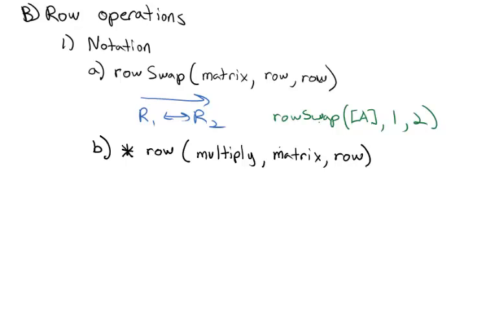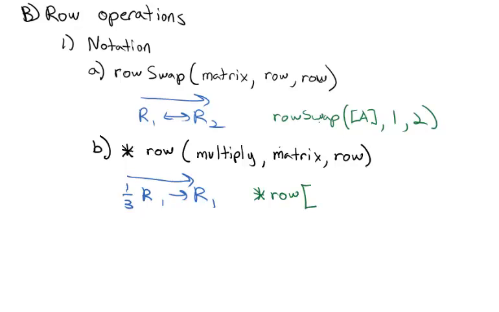So for example, if we wanted to do 3 times row 1 and insert it into row 1, actually let's even make it 1/3 because they're usually fractions. 1/3 times row 1 to get a new row 1, what we'll type in our calculator is our times row.